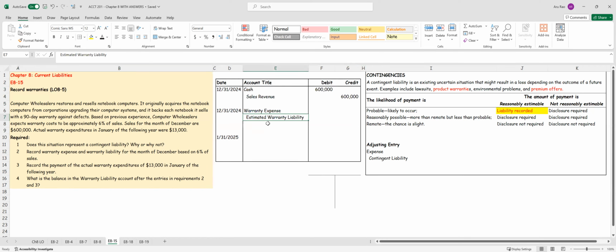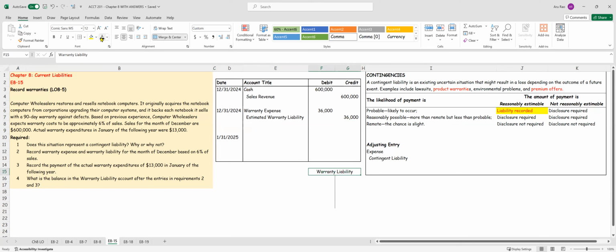It's not yet a warranty liability, that would mean that I have incurred the liability already. It's an estimated number. It's going to be 6% of this $600,000. 6% is $36,000. So I'm saying I think it's going to cost me $36,000 to fix any problems that come back within the 90-day window.